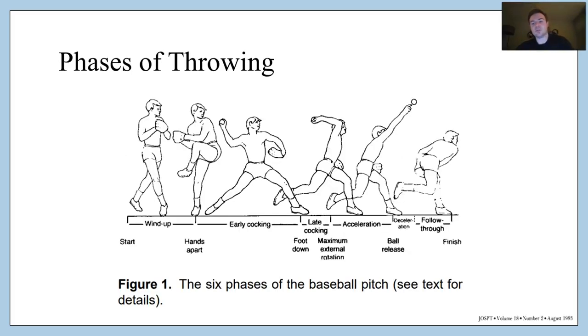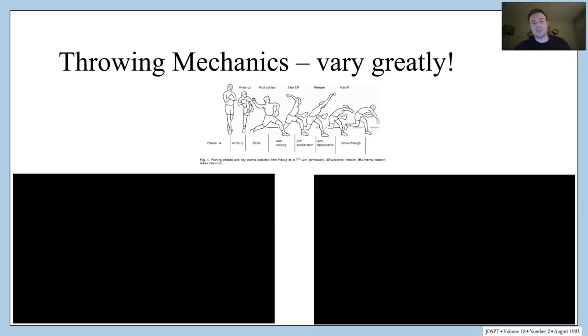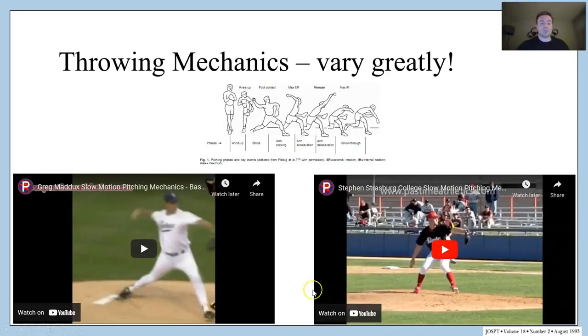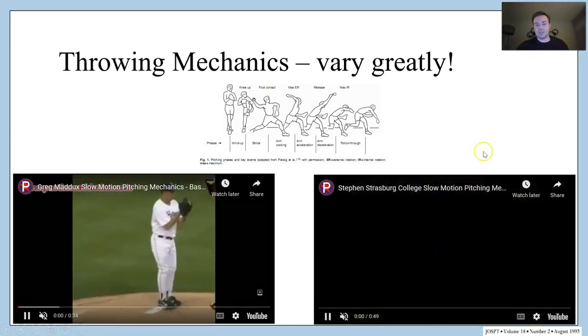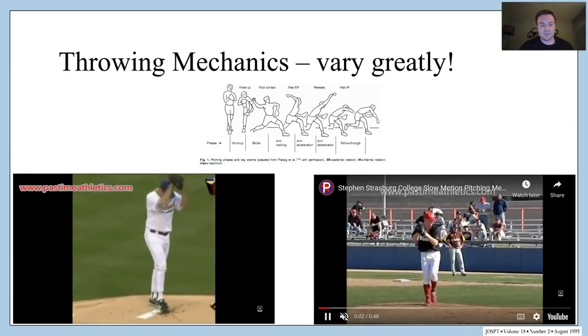So throwing sports, we'll get into the phases of throwing, but I'll put this article in there as well for you guys to read through. This is an article from 1993, a really great article on throwing mechanics. It also talks about different sports as well, but two things we'll just mention. I'll play both of these simultaneously. You guys can see the differences in throwing mechanics between individuals.